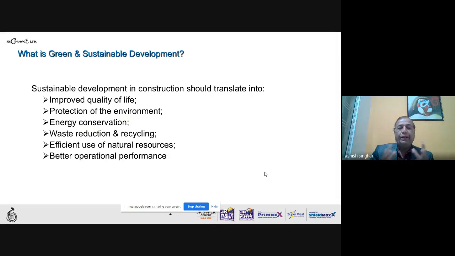Improved quality of life. If you had gone to a jungle versus if you have gone to a city like Delhi or Noida, which are considered highly polluted cities in the world, you will find a huge difference between the two surroundings. When the quality of life is improved, you have better breathing, better ambience, good amount of light and air and everything. So you feel naturally protected.